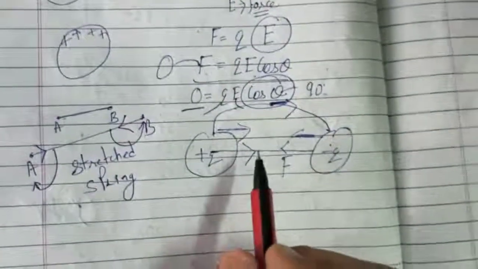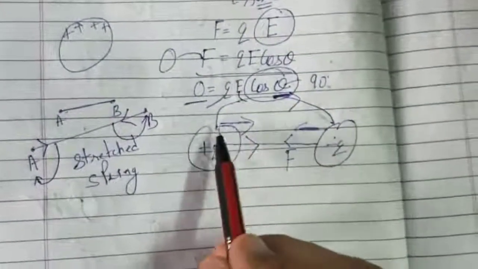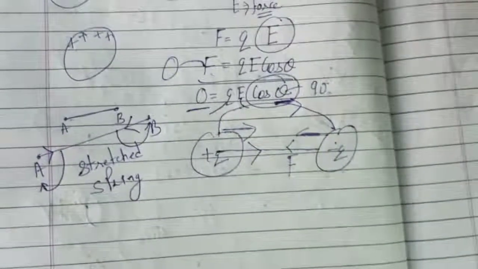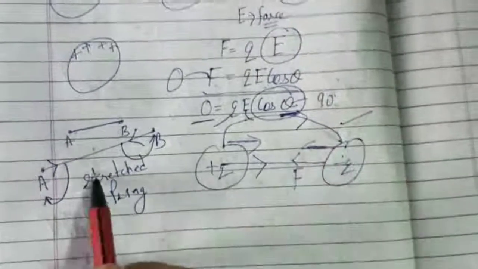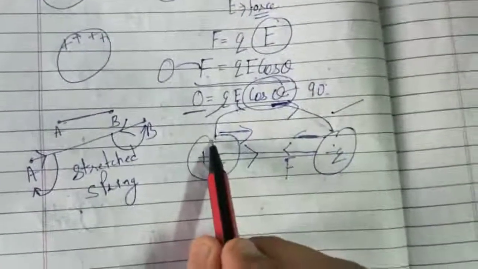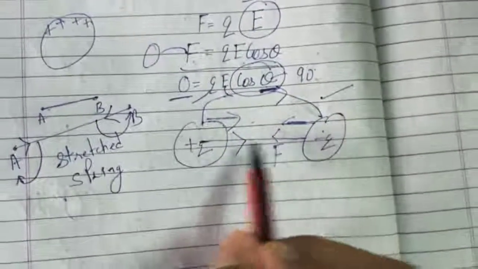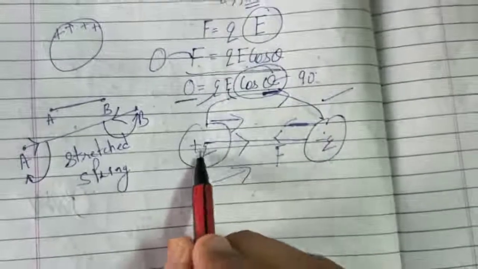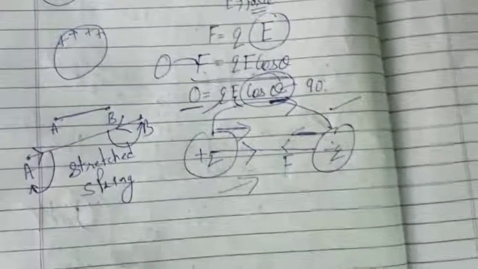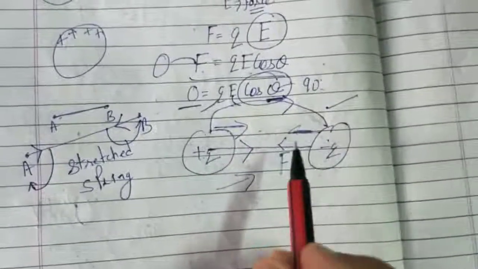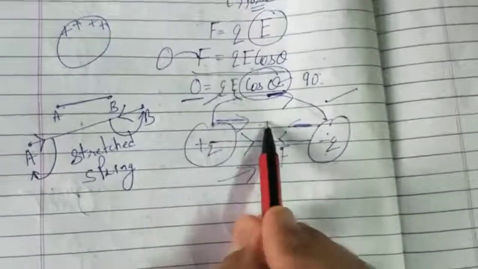So these electric field lines behave like stretched springs. They pull this charge in this direction and this charge in the other direction. This explains the force of attraction between positive and negative charge. Now you know why positive and negative charges are attracted to each other: these electric field lines behave as stretched springs, pulling the positive charge in this direction and the negative charge in that direction.